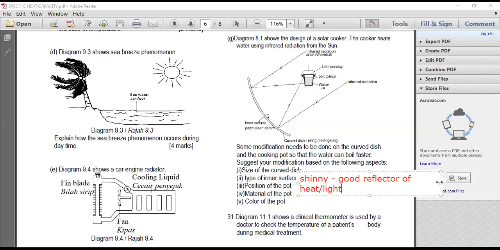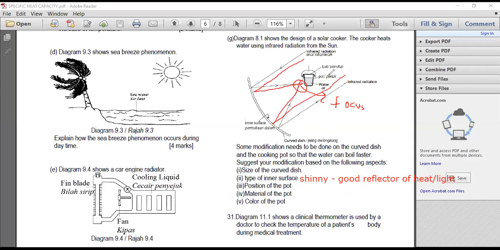Then the position of the pot. This point we call the focus point. All the energy is focused at this point, which means you get the maximum heat here.